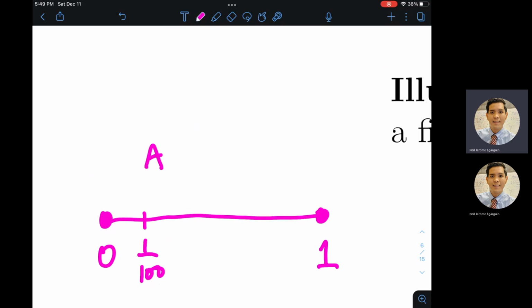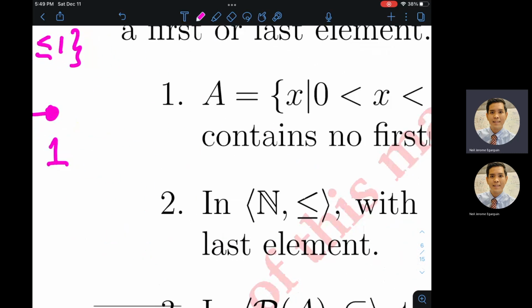Yun ay kung ang set A ko ay set of all x's that are greater than or equal to 0 but less than or equal to 1. Saka ka magkakaroon ng first at saka last element. So yeah, it is a little tricky. Not all total orders will have a first or a greatest element. All right. So posibleng wala pa rin sila.